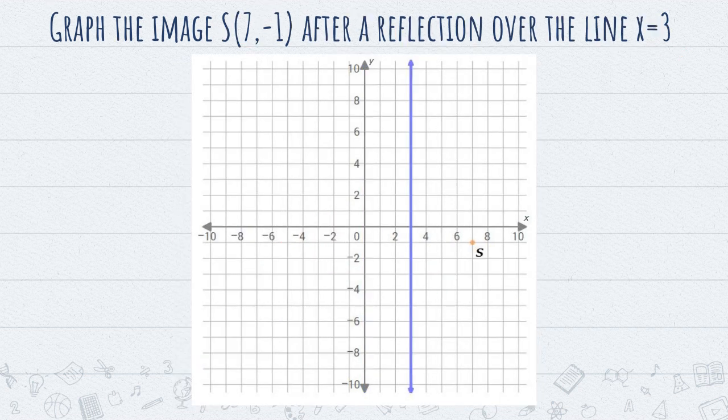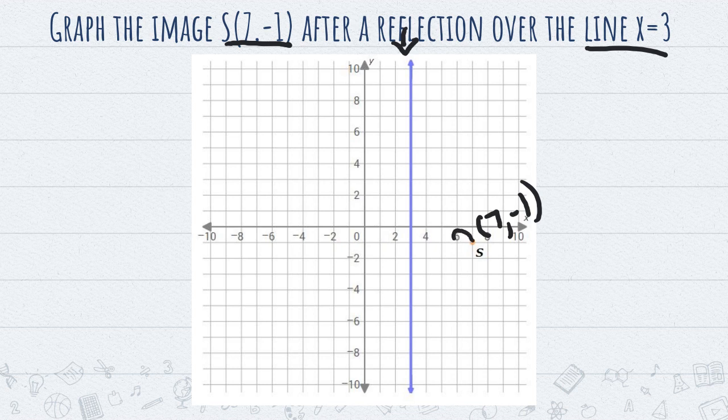Okay, so here we are again. It says to graph the image S, which is at 7, -1, after reflection over the line x equals 3, and they have x equals 3 highlighted for us. So on this one, right now, S is at 7, -1, and we are reflecting over x equals 3.